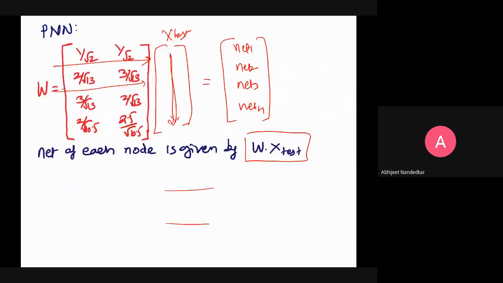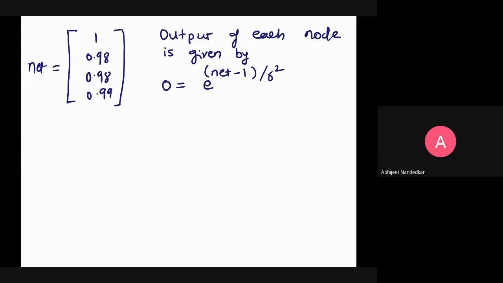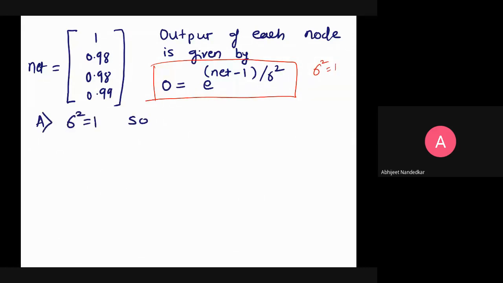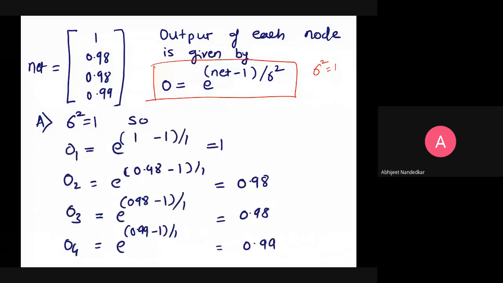We have not calculated the output yet, so we will calculate the output now. The output of each node is given by this formula: output is equal to e to the power of (net minus 1) divided by sigma square. Now sigma square, I think we took it as 1. So for sigma square equal to 1, I substitute the corresponding net values for each node.